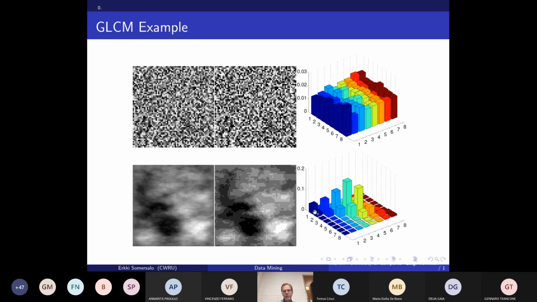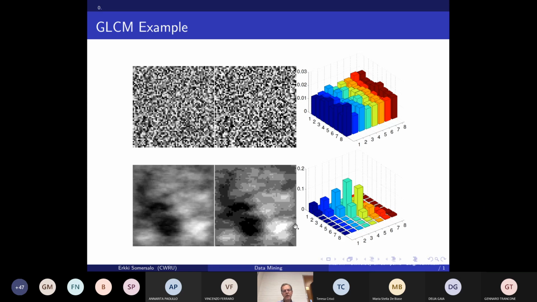Most elements are close to the diagonal. In this picture it is very unlikely to jump from white to black, because it's smooth. When you go from white to black, you go through all the grayscales typically. So the off-diagonal entries like 8-1 and 1-8 are essentially 0 here. They are probably exactly 0.